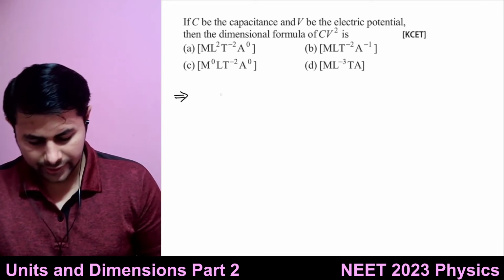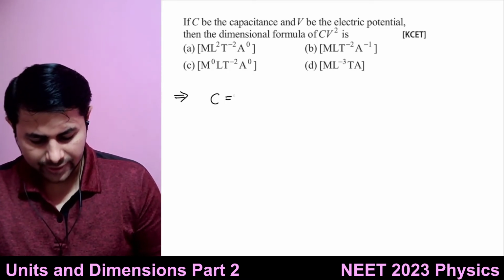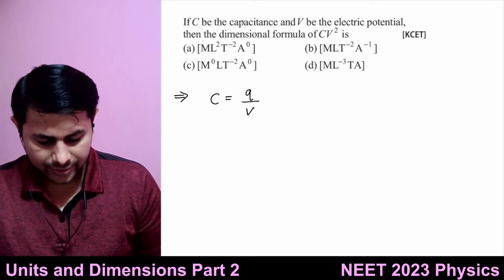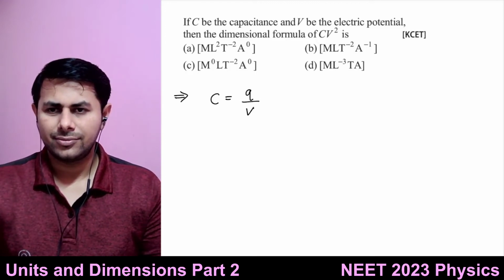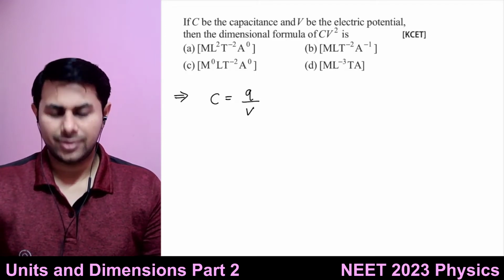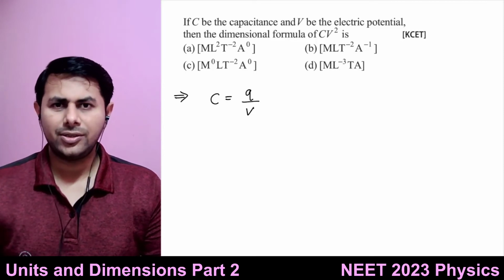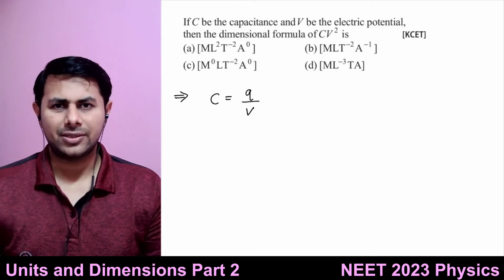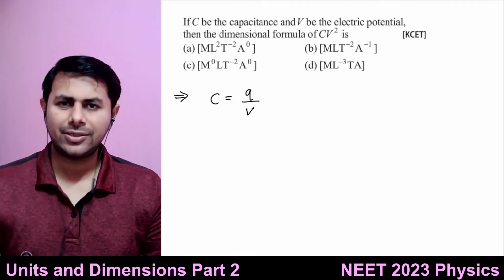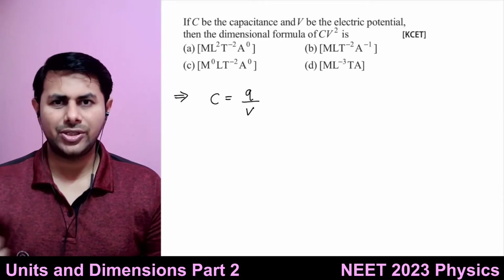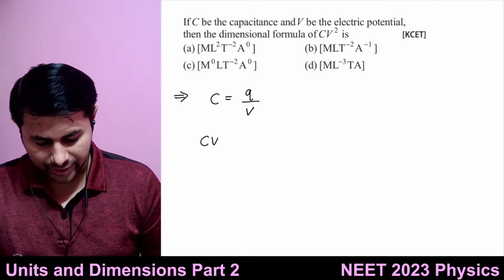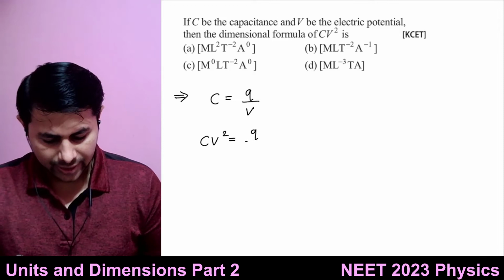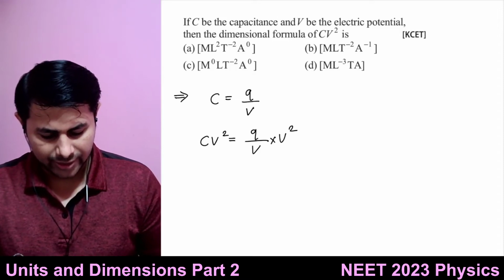Capacitance is defined as charge per unit potential. Capacitance of a capacitor is the charge stored on the capacitor divided by the potential difference. Then CV square is equal to Q upon V multiplied by V square.